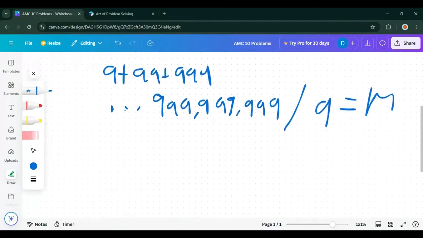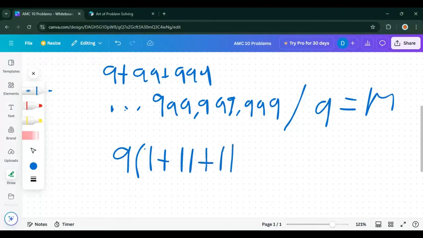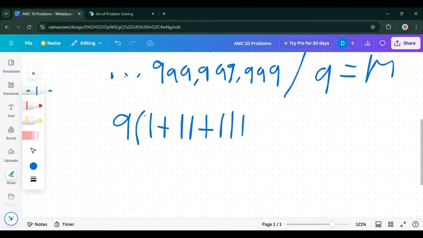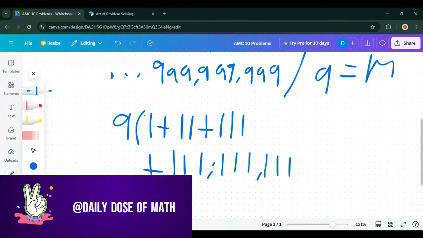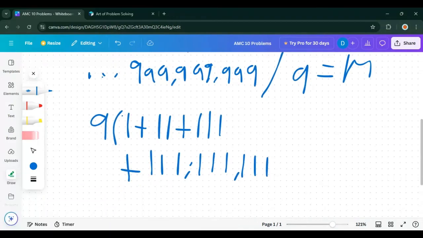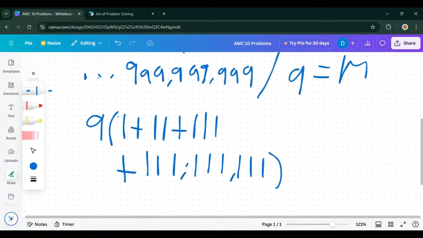And how can we use that to our advantage? Well, if we factor out 9, we have 9 times 1 plus 11 plus 111, plus all the way down to 9 ones, sorry, and we make sure to include the dots.